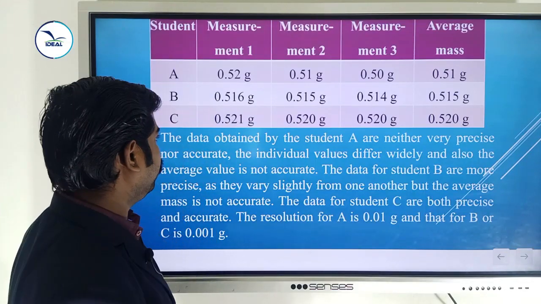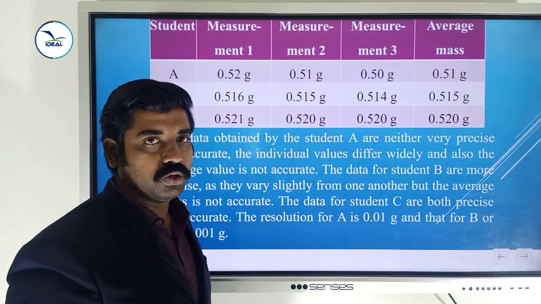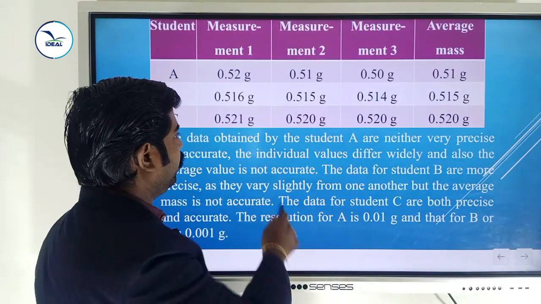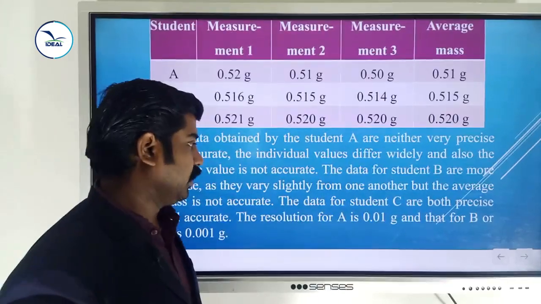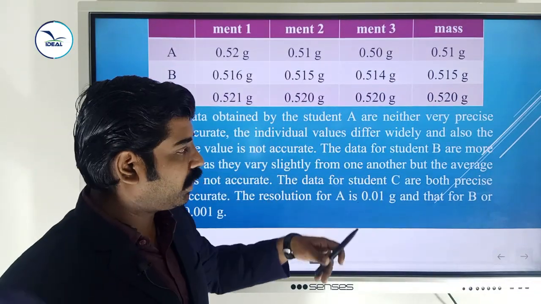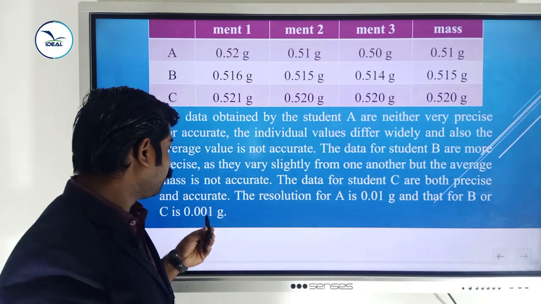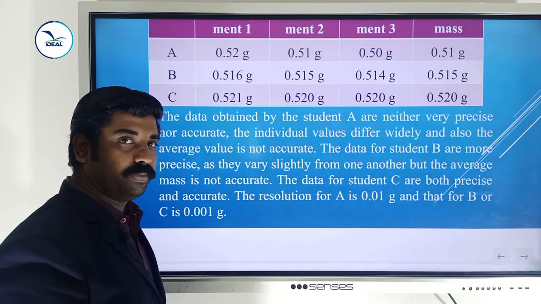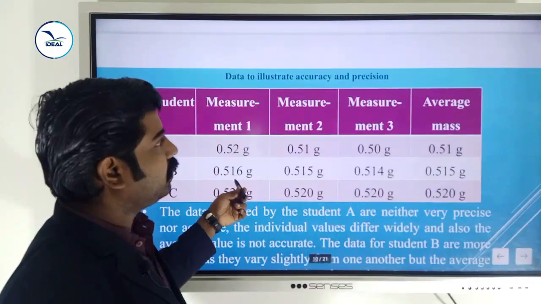And in the third case, the result is very close, so that is very accurate, and the value is also very precise. So the resolution for A is 0.01 gram and that of B and C is 0.001 gram.